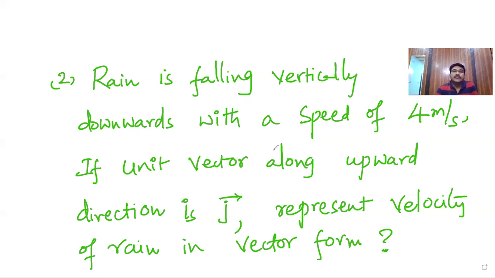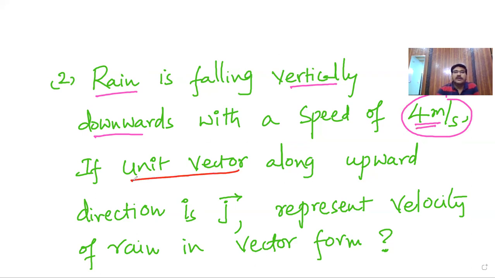Clear? Rain is falling vertically downwards. At what speed? Speed is 4 meters per second. And he has given the unit vector along the upward direction as j bar.